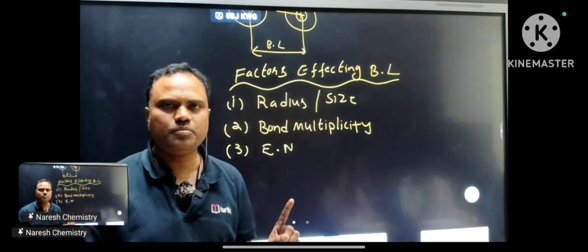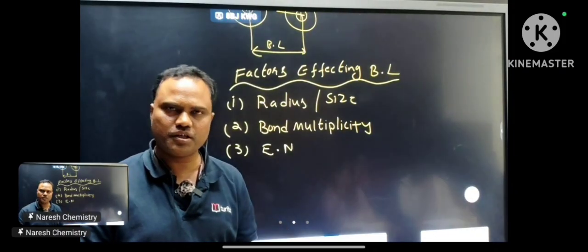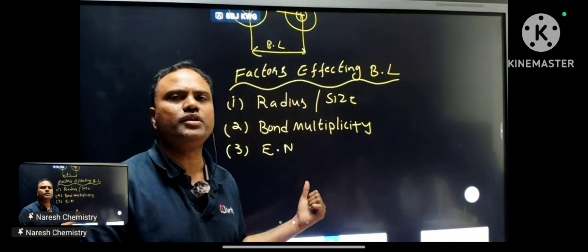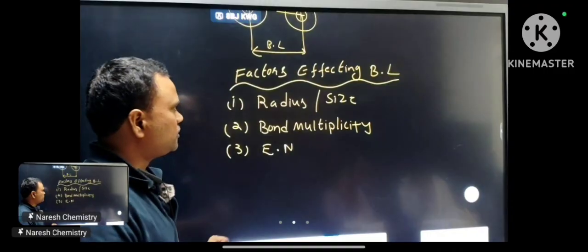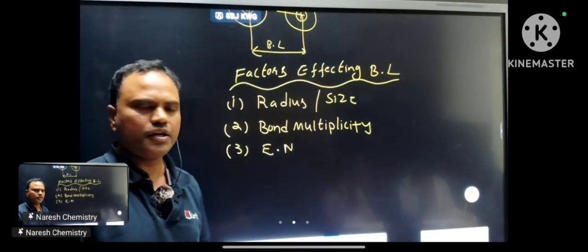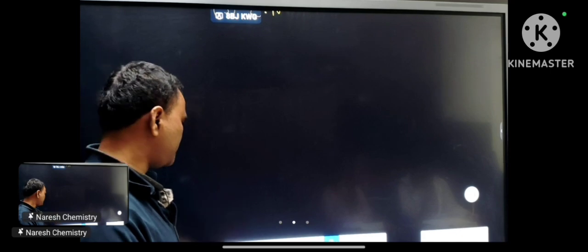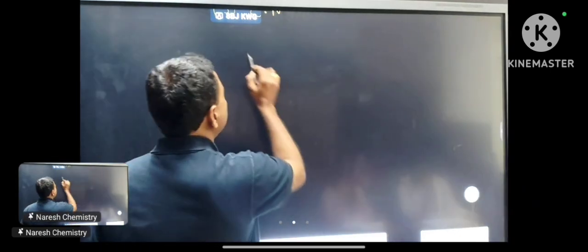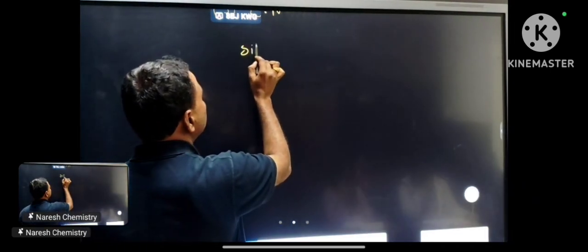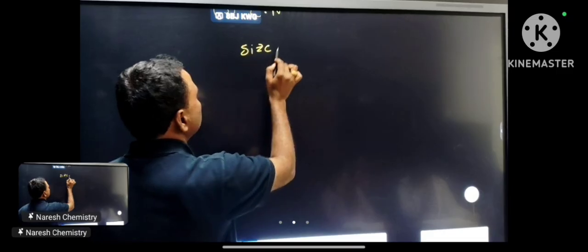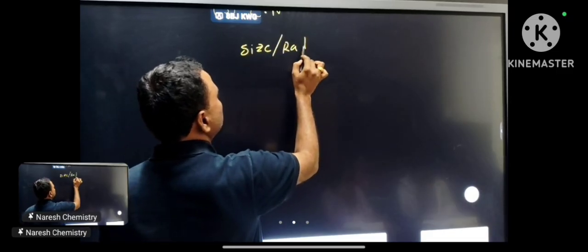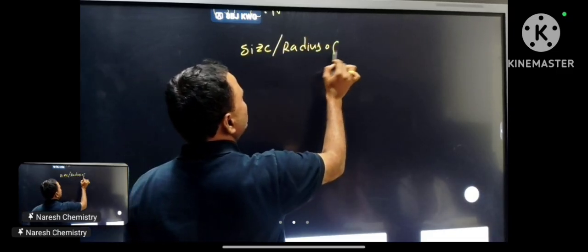First bond parameter, bond length. We completed the definition of bond length and the factors affecting bond length. Coming to the first one, size or radius of atom.